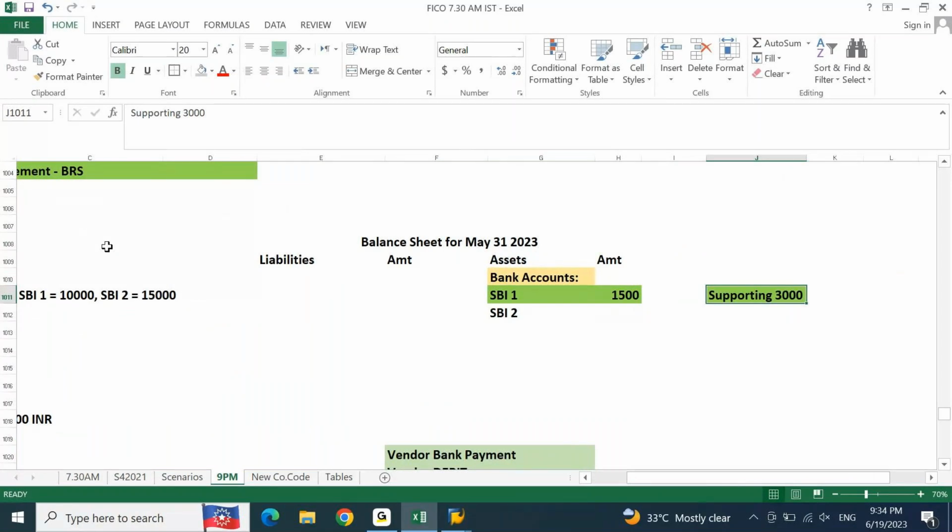Yes, sir. So to meet this requirement, whatever the bank account balance I am showing in the balance sheet, this must have a supporting. This supporting is always your bank statement. In order to achieve that, no other option, we have to show the actual bank balance in the bank main account. Bank main account I will be posting only when I see the original statement.